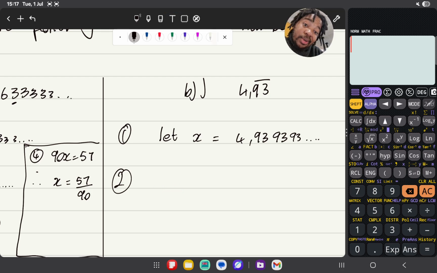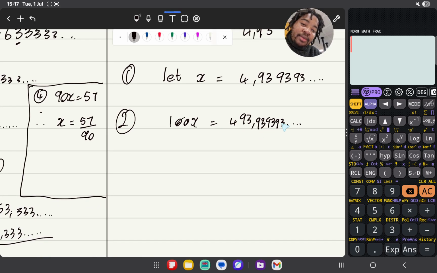Wait, is it by 10 or by 100? Right, by 100. So then you have 100x equals 493.939393 continues. So you realize the numbers that we have after the comma, they are the same from 1 and 2. That means when we get to step 3 and we do our subtraction, we won't have any problems.